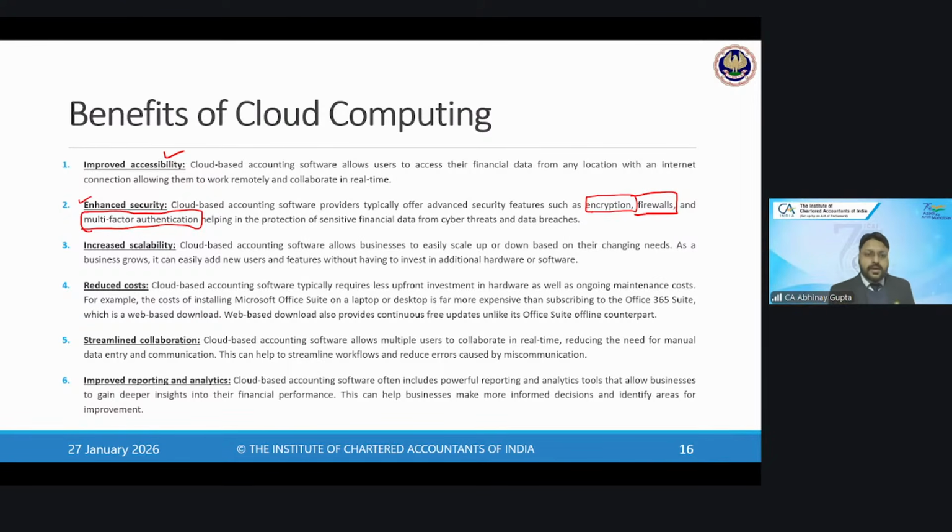Even if you have entered the password, you are not yet authorized to see the data, but you are asked for an additional authentication. It could be an OTP, or a notification on your system which you need to approve: yes, I have logged in, please grant the access. These are called multi-factor authentication.